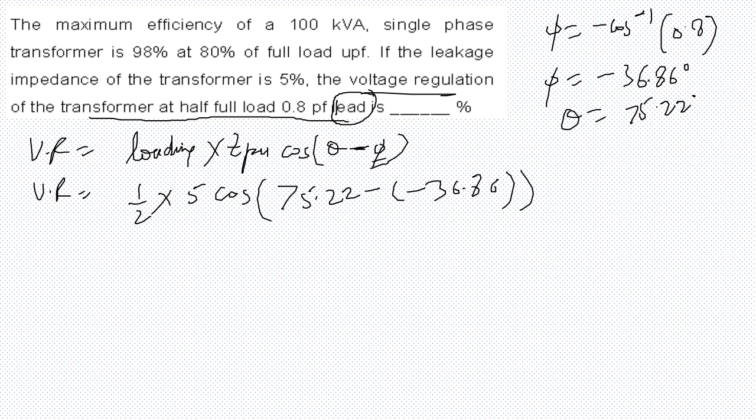Now if you solve this, you get minus 0.939%. So your voltage regulation percentage is minus 0.939%.